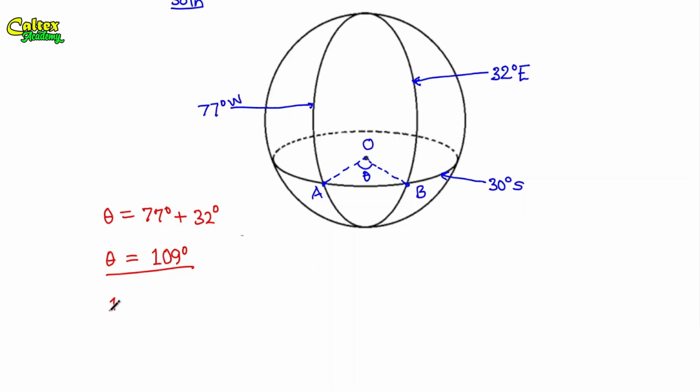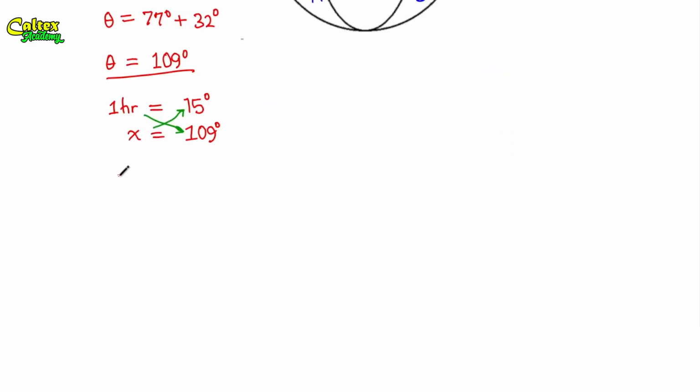Here we have 1 hour contains 15 degrees. So if we have unknown hours, x, and the known degrees here is 109, what is this unknown? We can go ahead and cross multiply x and 15. Now we have 15x, which must be equivalent to 109.